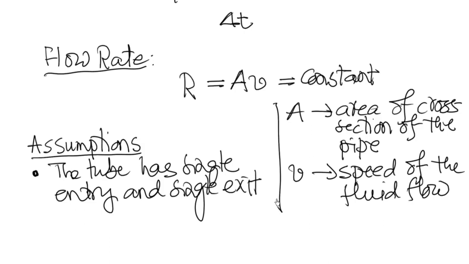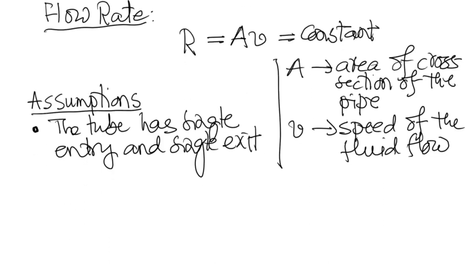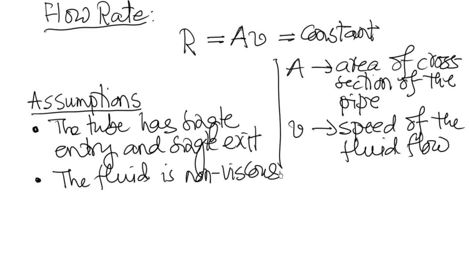Second, we assume that the fluid flow in the tube is non-viscous. So the viscosity is 0, for example. Non-viscous. Third, we assume that the flow is incompressible. That means the density of the fluid is constant in time.